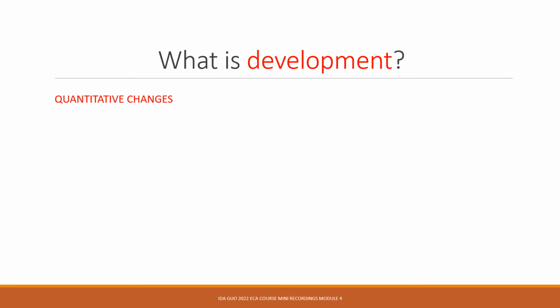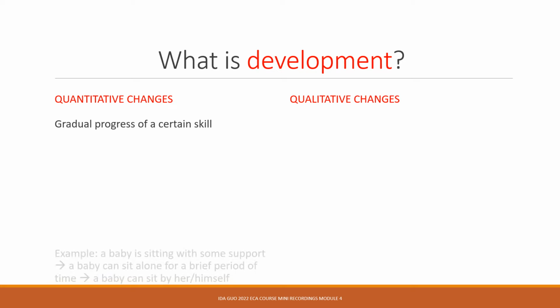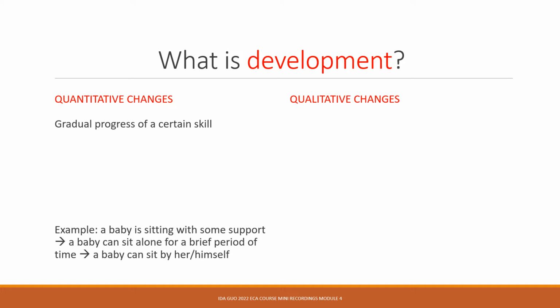So, when we talk about development, there are two types of changes, quantitative changes and qualitative changes. Okay, so first let's look at the first one. Quantitative changes refer to the gradual progress of a certain skill. For example, a baby is sitting first with some support, then a baby can sit alone for a little while.